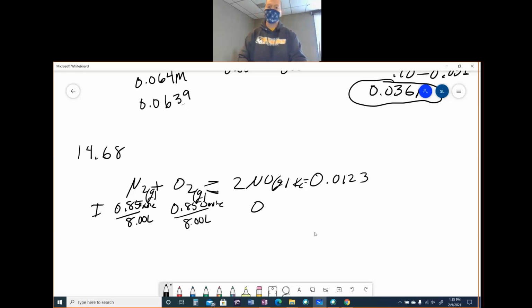So this one can be done 3 different ways. I'm going to do it the way we haven't done it quite like this yet, but we've done all of the ways. We can't reverse the reaction. We have a small K value. That is great. When you have a small K value, you have options. You can do quadratic equation, or you can do successive approximations. All right, I'm not going to do it either way for this problem.